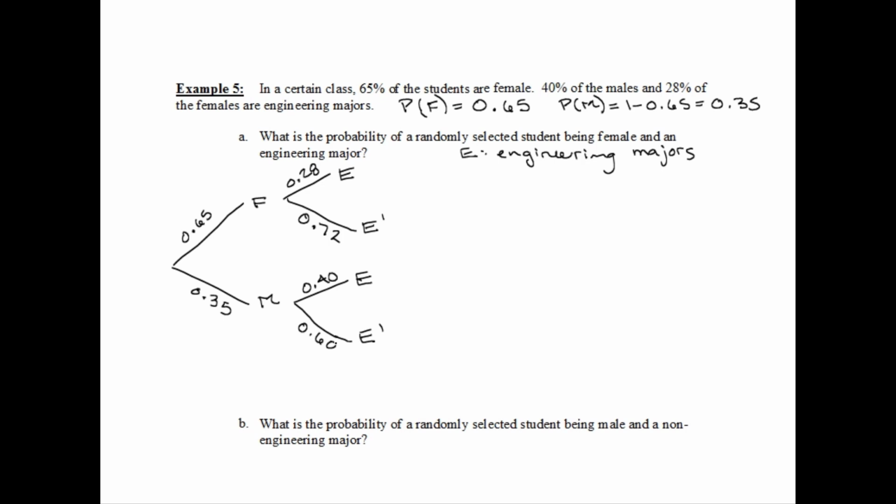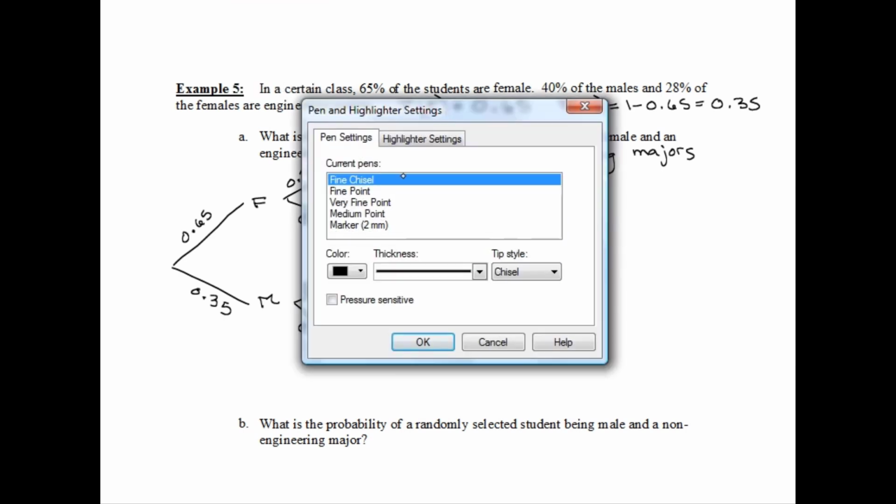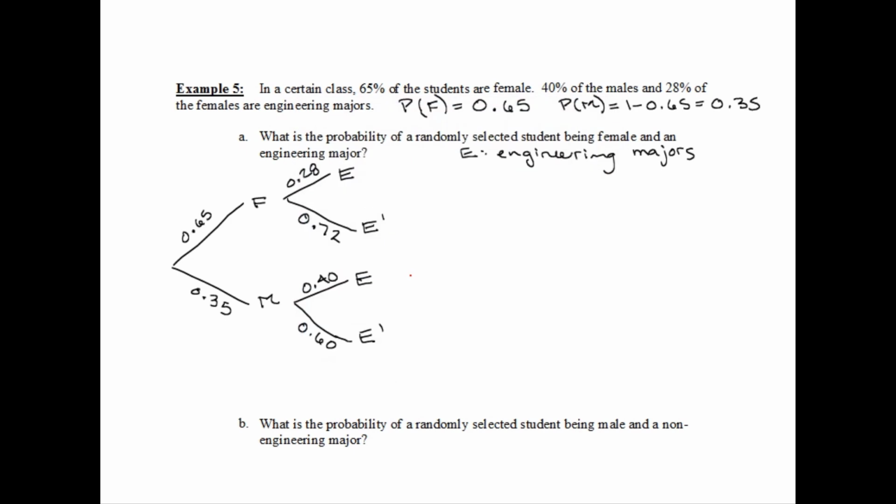Now, what we need to do is realize what these numbers were that we wrote on the tree. Each of these numbers represents a probability. Let's write down exactly what they are. Okay, so the 0.65 is the probability of F. What is the 0.28?